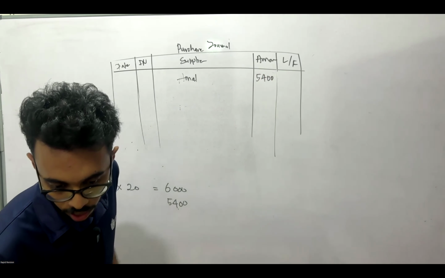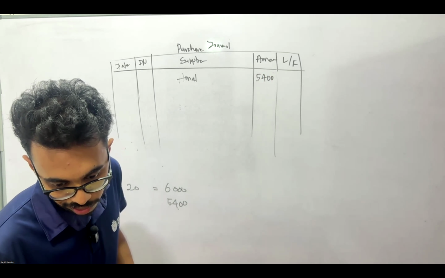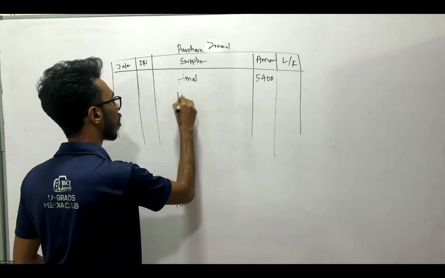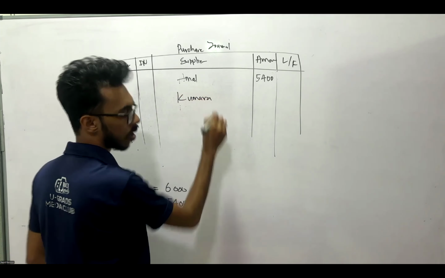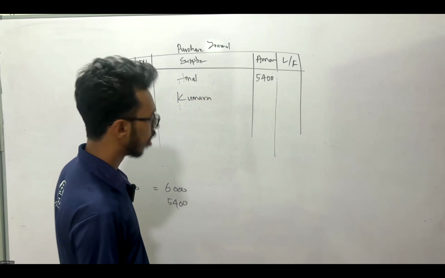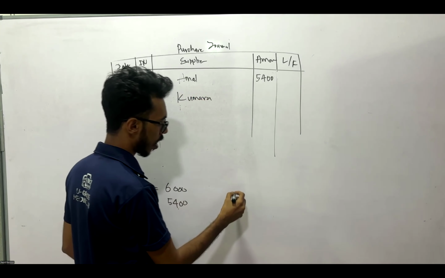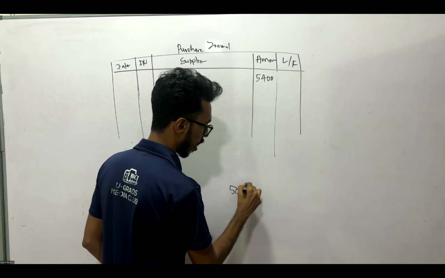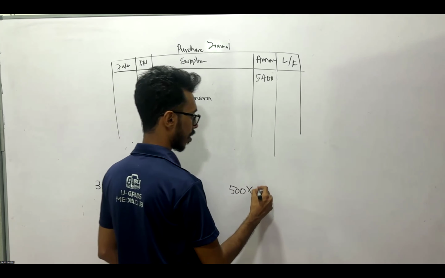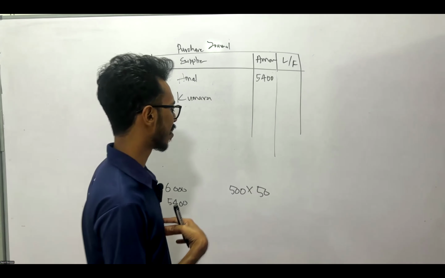Easy. Purchase trade stock on cash from Kumar: 50 saris, 500 each. So from Kumara, do we have invoice numbers for them? No, right? Invoice numbers are zero. Dates. So from Kumara, you have purchased 50 saris at 500 each, and you have given a 5% discount.